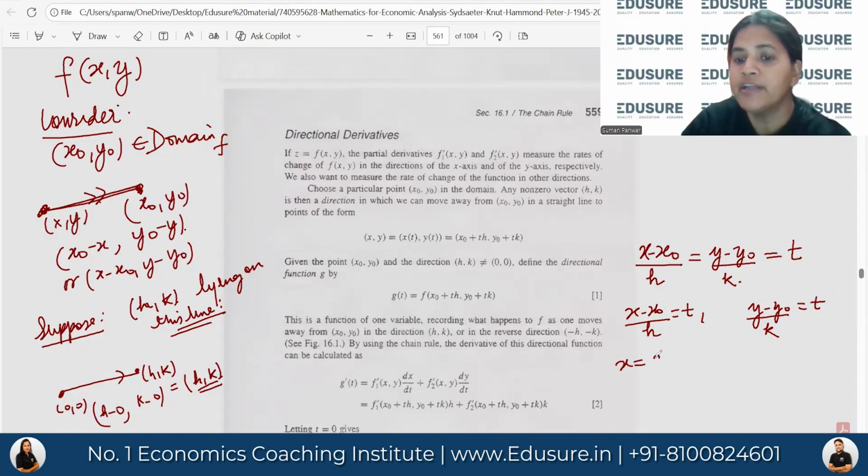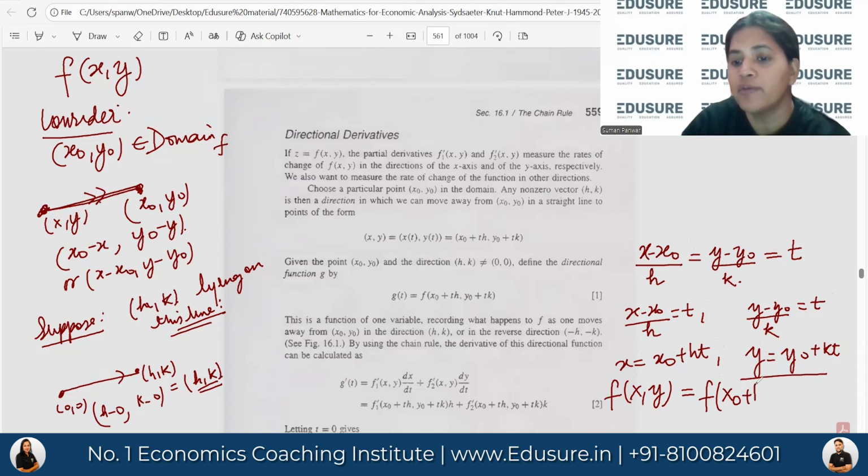So x can be written as x naught plus ht and y can be written as y naught plus kt. So my function of x, y, if I talk about the direction h, k, can be represented as f of x naught plus ht, y naught plus kt. This is my function now.